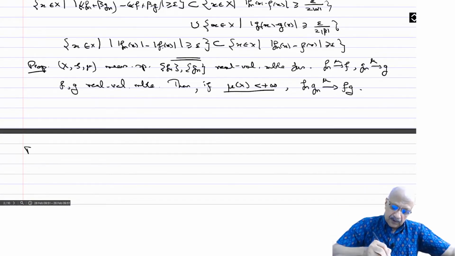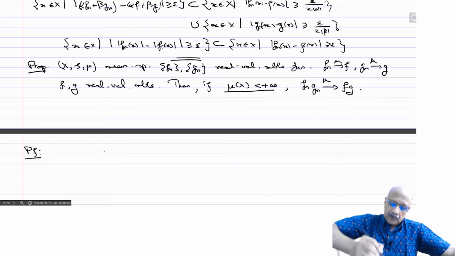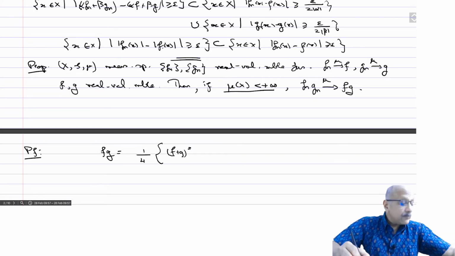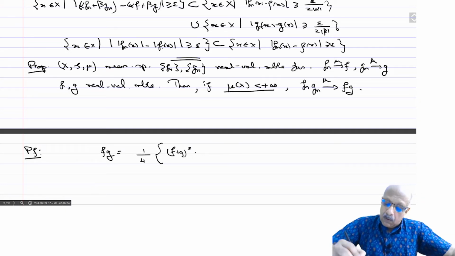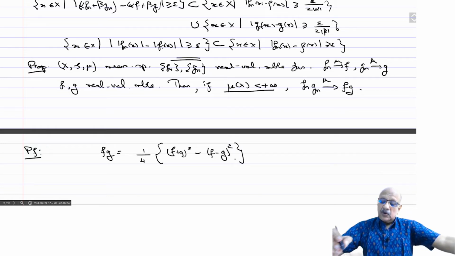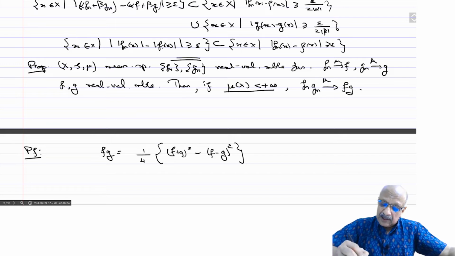So, proof. We know that fg is equal to 1 by 4 of (f plus g) square minus (f minus g) square. So if f_n, g_n go to f and g in measure, then f_n plus g_n will go to f plus g in measure, and f_n minus g_n will go to f minus g in measure.